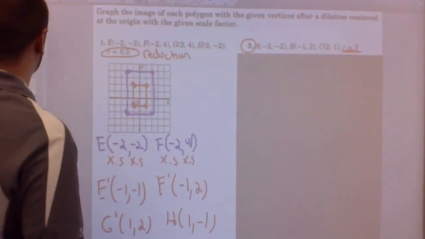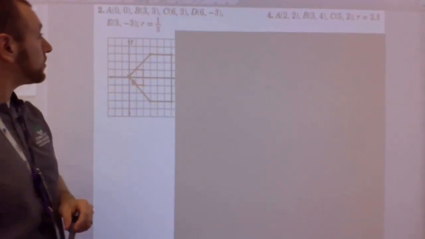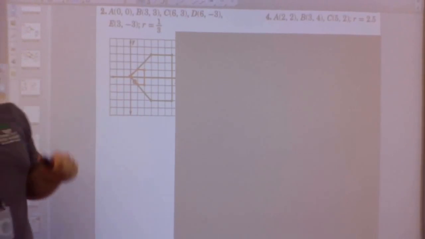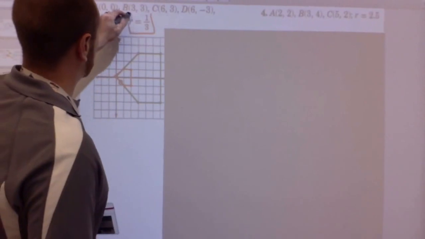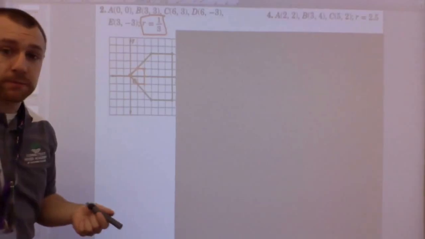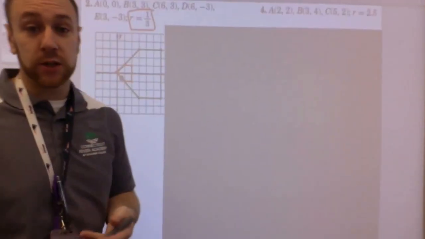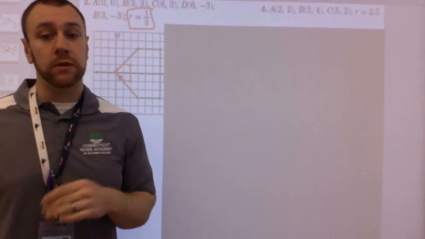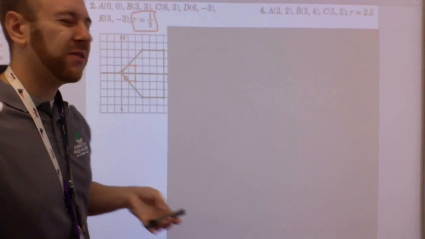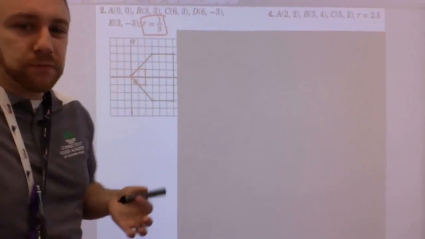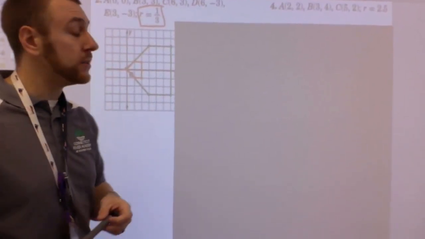I want to give you another example of a reduction, and that is number 2. This is where I give you a scale factor of 1/3. 1/3 is a fraction. Now I can always divide that and get a decimal and work with the decimal, but when you're dealing with thirds, it doesn't come out that nice.